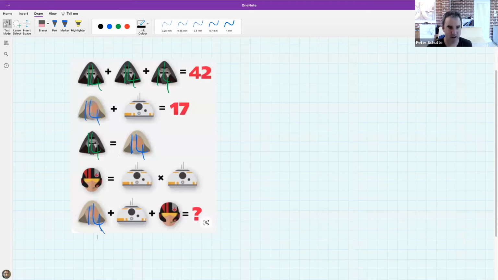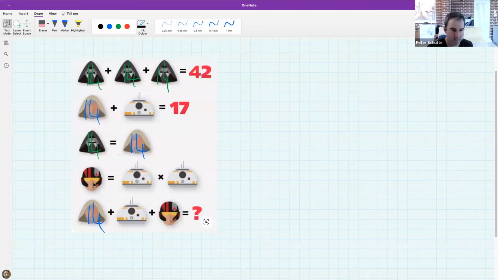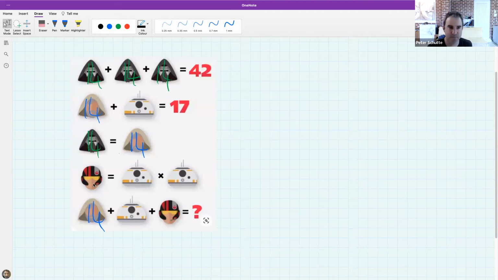Okay, so now what else do you need to figure out? Who knows the names of the robots? I think in the original movie it was R2 and D2. So the robots is 3. I think I agree with that. And then the flying spaceman person must be 9.